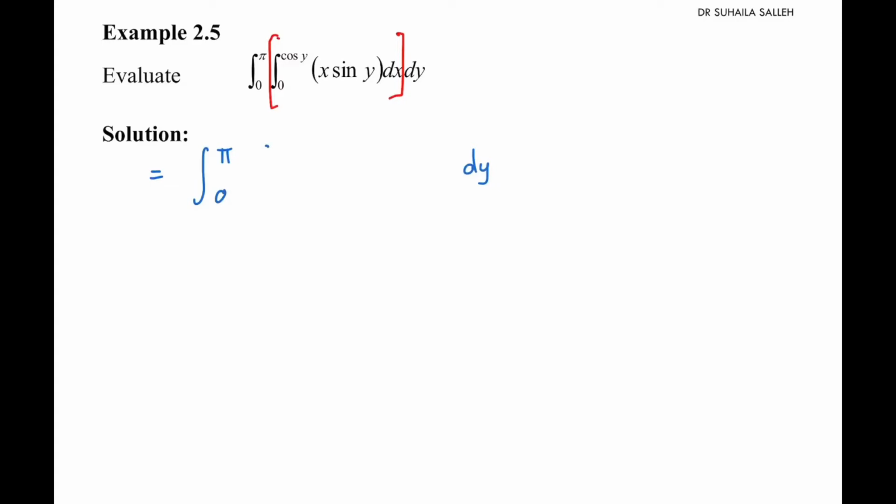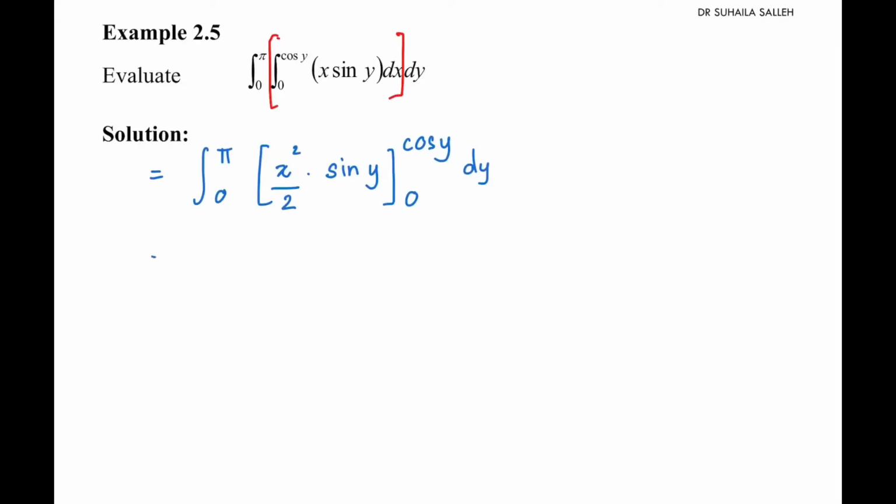Integrating x sine y. We are integrating with respect to x. That means our y will be taken as constant. So we have sine y there. That's a constant, so just write your sine y again. Integrating x, that's going to be x squared over 2 for the values of 0 up until cos y.